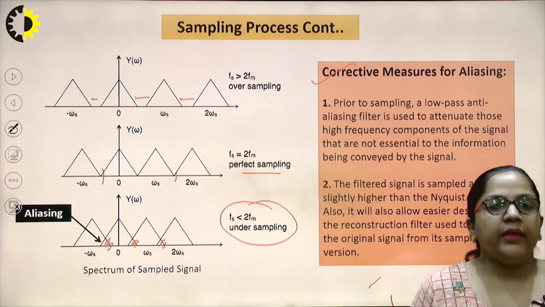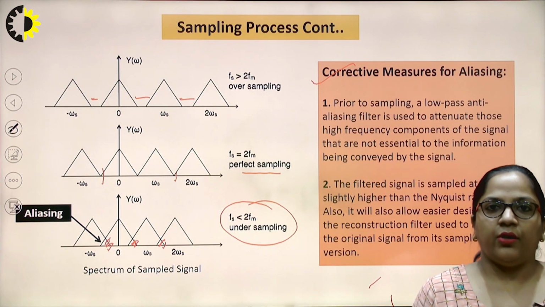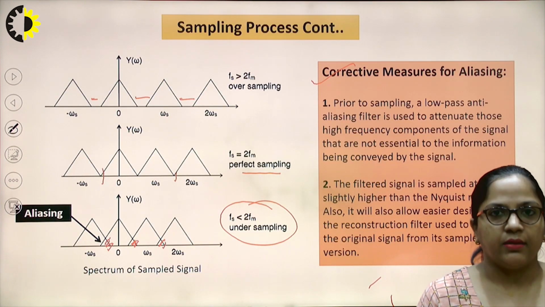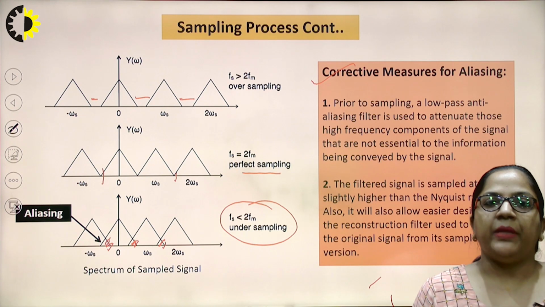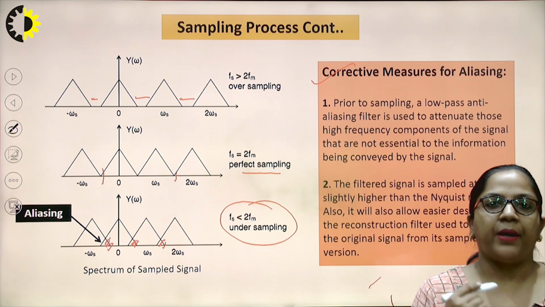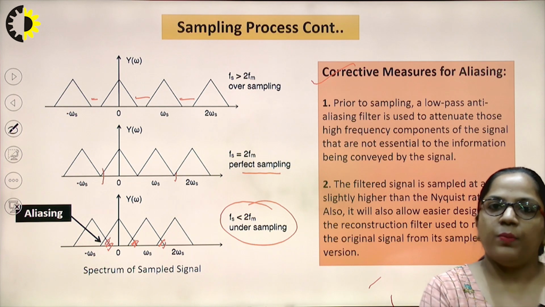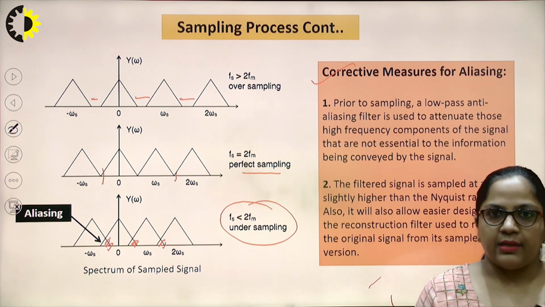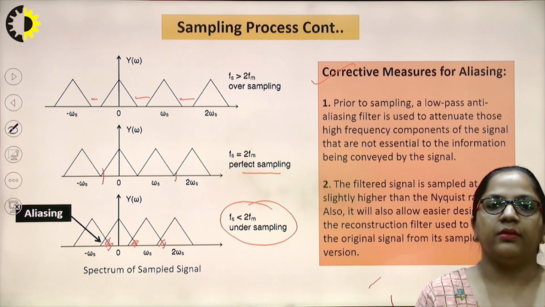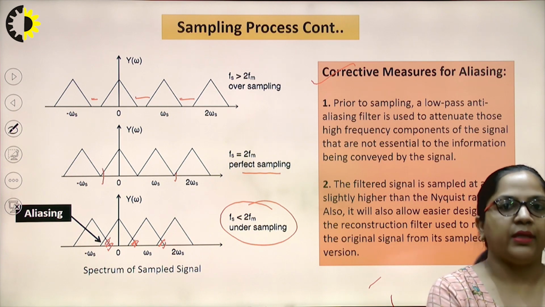The physically realizable signals are not band limited signals, so we can make them band limited first by passing them through a low pass filter. That low pass filter is called an anti-aliasing filter. That filter is used before performing the sampling.